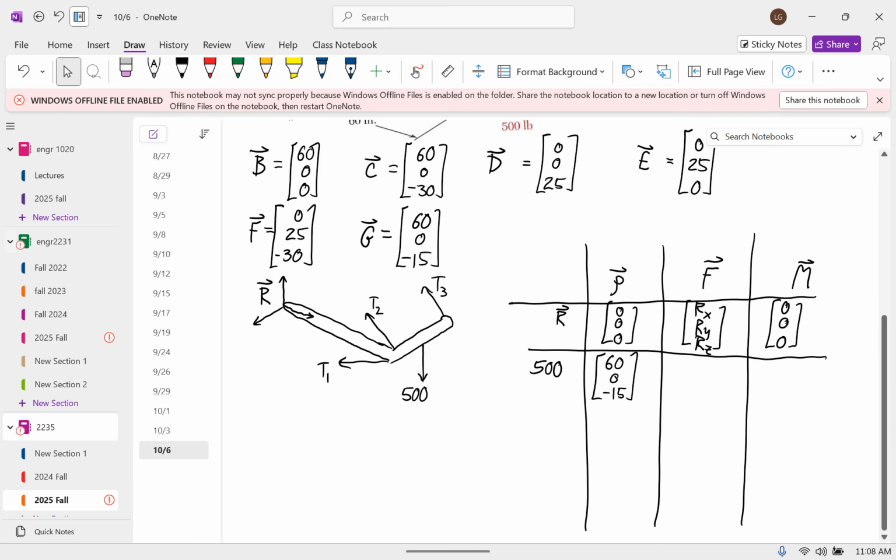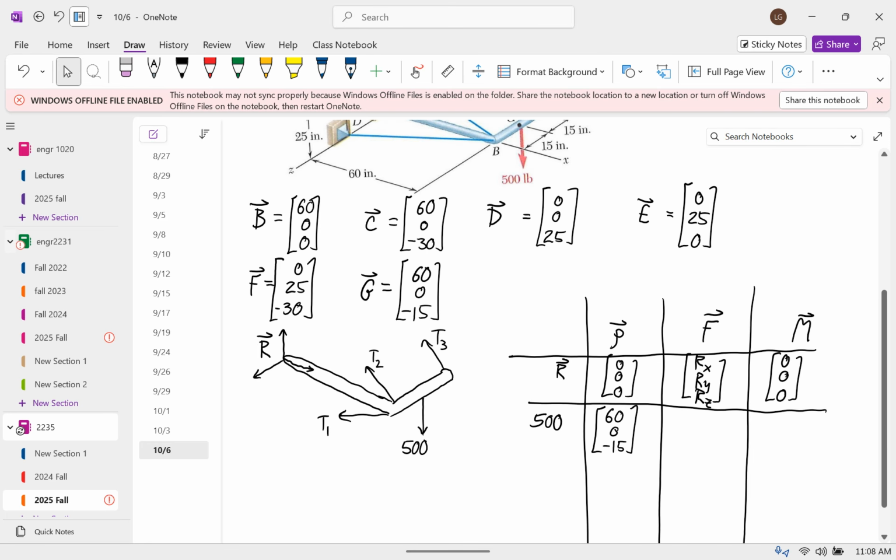If we wanted to find the foot pounds, we would need to divide it by 12. Yeah, that's right. But none of these answers are going to be in units of moment, they're all just forces, three components of force for the joint and forces for each of those cables. So your answers will come out exactly the same. Oh, yep.